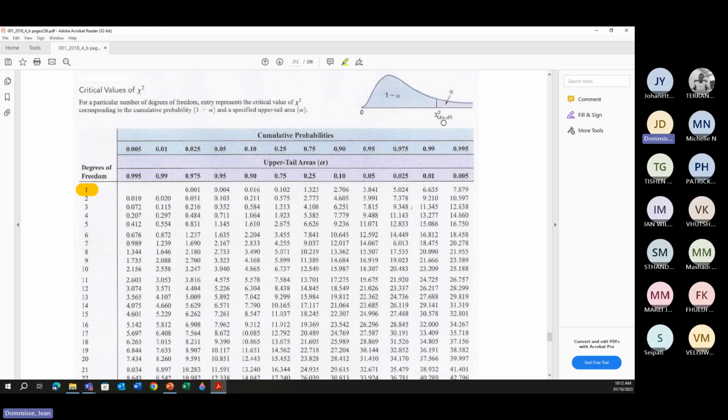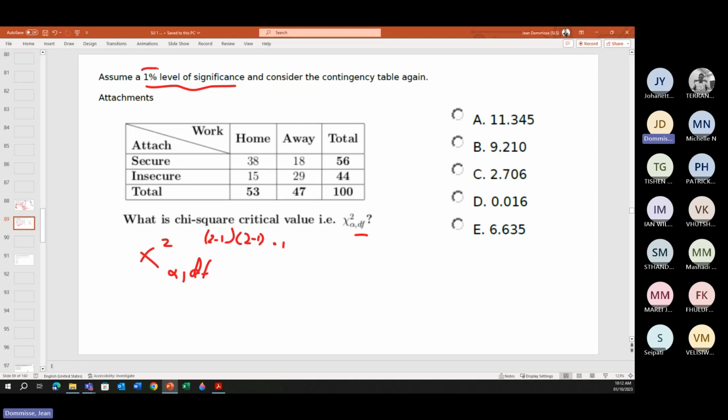Also look at what they show us here. They show us alpha is this area. So they tell us alpha is 1, so 1%. So remember, 1% is 0.01.